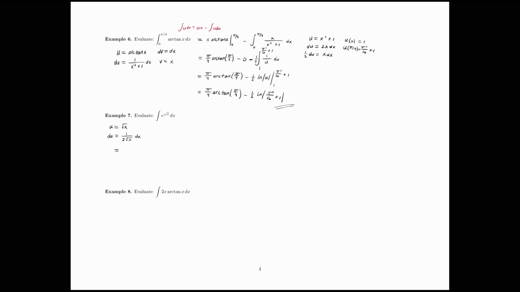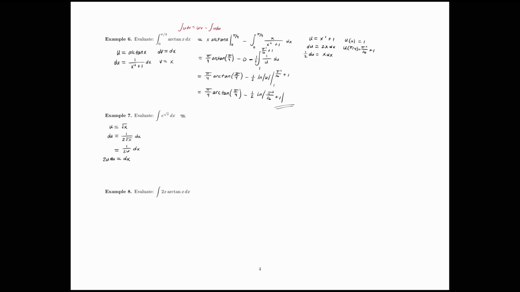Now notice that the function, square root of x, it reappears in its derivative just in the denominator. But because we have defined u to be the square root of x, we can swap out this square root of x for a u. So du is 1 over 2u dx, which we can then solve for dx to find 2u du equals dx.